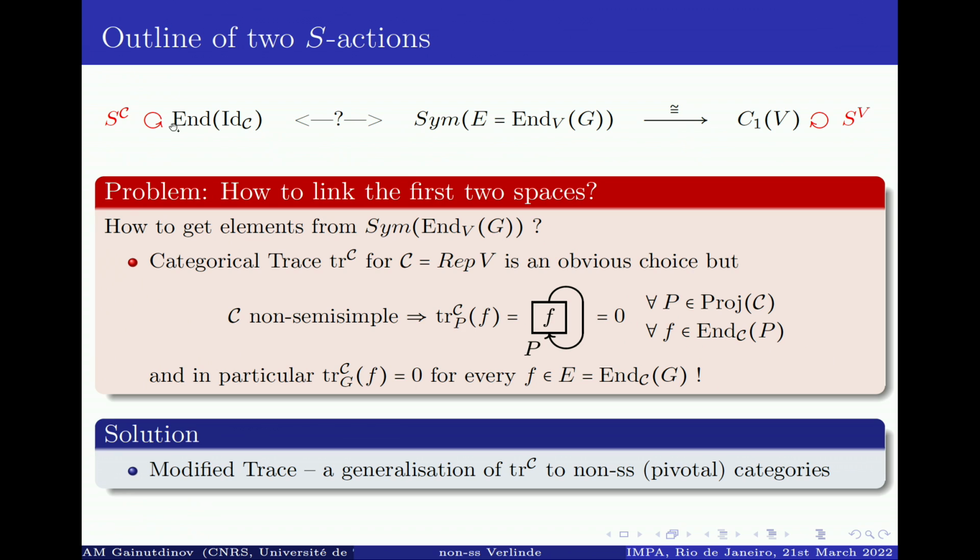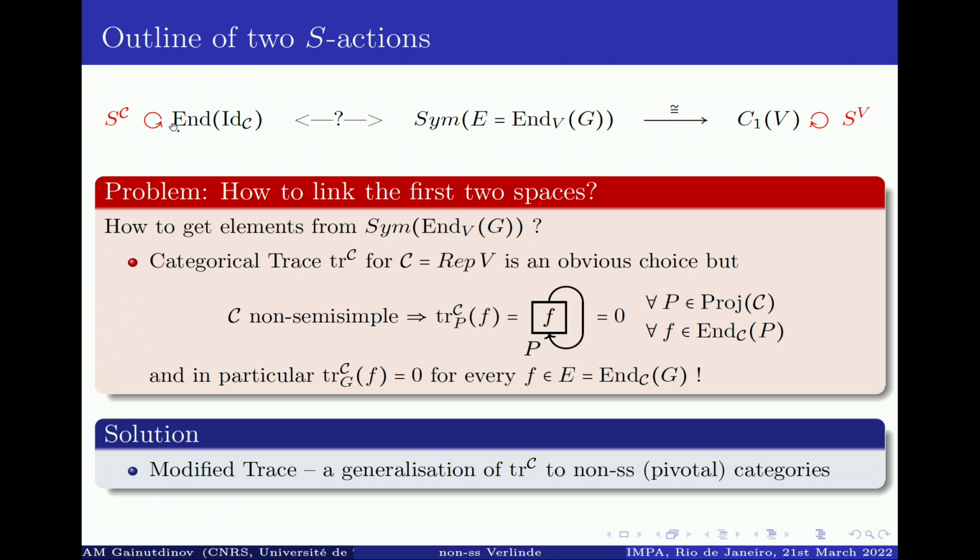Now, on the categorical side, I have endomorphisms of the identity functor of C, which is rep V, and how to link these two spaces? The first question: how to get at least one element from these symmetric forms on the algebra E? The obvious one, the categorical trace, right?